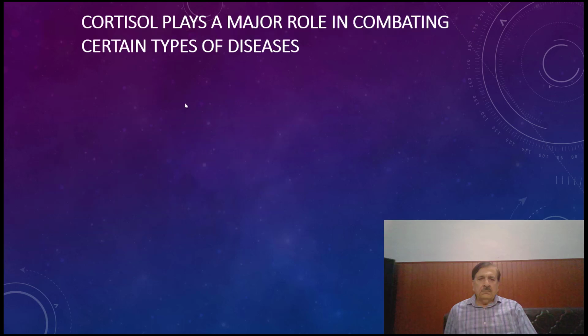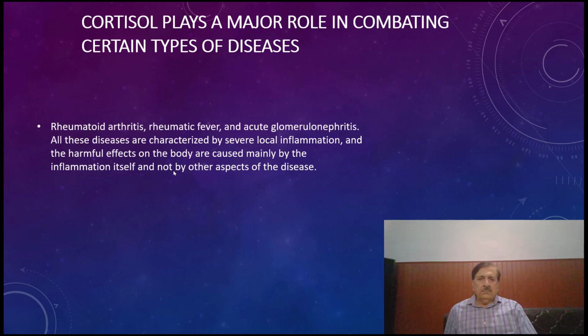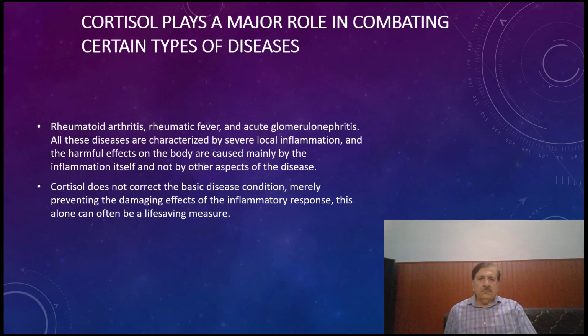Cortisol plays a major role in combating certain types of disease: rheumatoid arthritis, rheumatic fever, and acute glomerulonephritis. All these diseases are characterized by severe local inflammation, and the harmful effects on the body are caused mainly by the inflammation itself and not by other aspects of the disease.